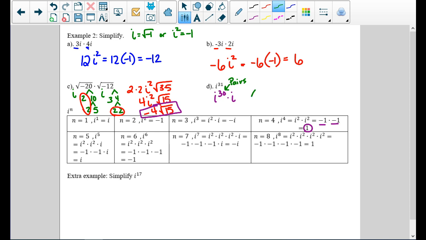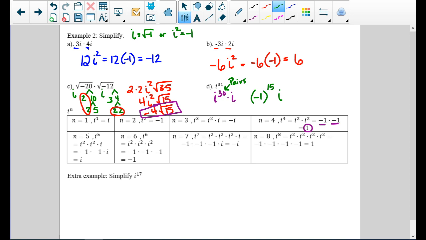So how many pairs of negative 1s do I have? Well, every 2 gives me a negative 1. So how many negative 1s do I have? In this case, I'm going to have 15 negative 1s. So I'm dividing that 30 by 2. And then I still have this i out front.